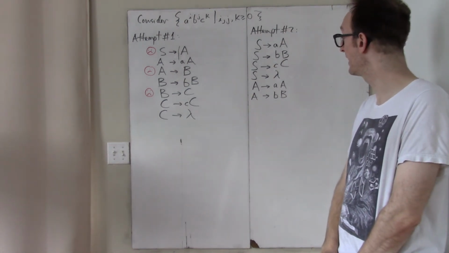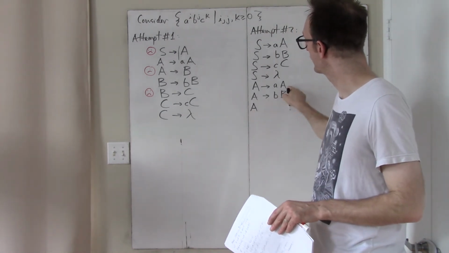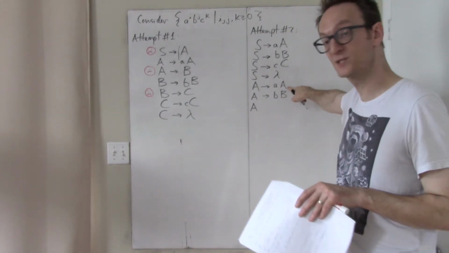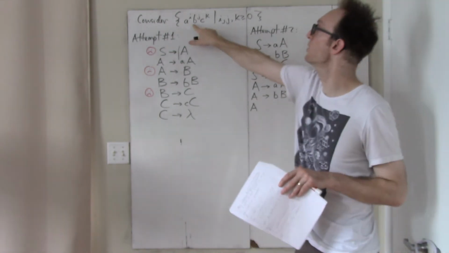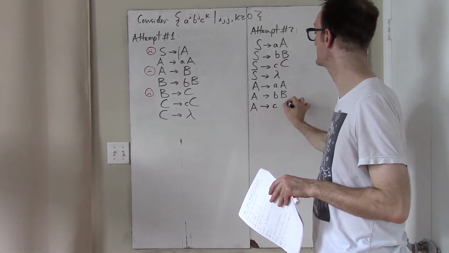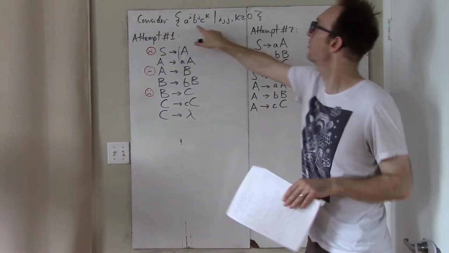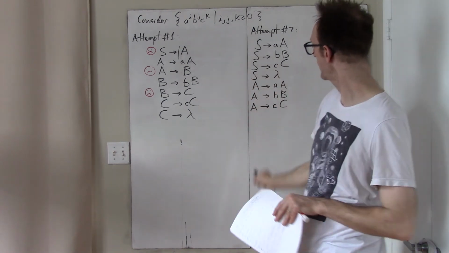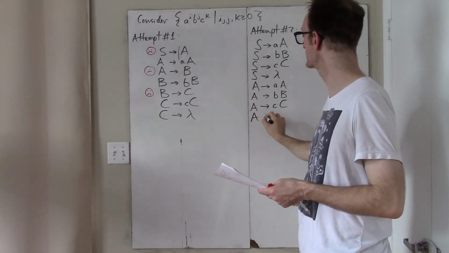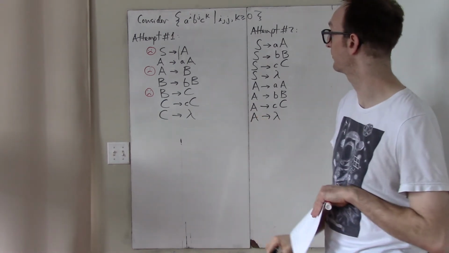Or you can go immediately from making A's to making C's if there are no B's, because j is 0. So A could go to a C. And it's also possible that there are no B's or C's, and so when you're in the state of making A's, you might just end the string right there. That's if j and k are 0.